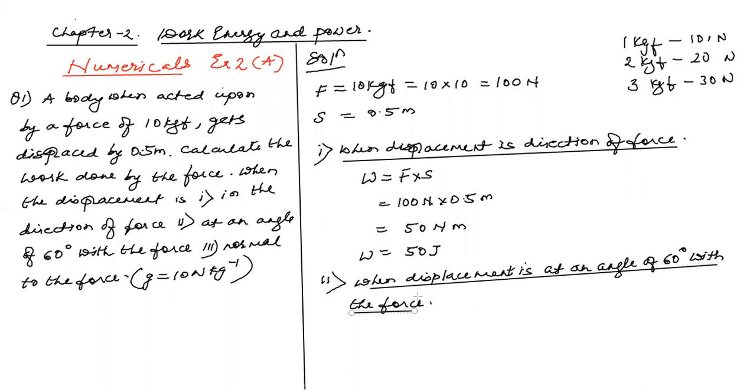When the displacement was in the direction of force, I gave you the formula W is equal to Fs. And when it is making some angle like this, the formula is W is equal to F into S into cos theta. So what is theta here? Theta equals 60 degrees.